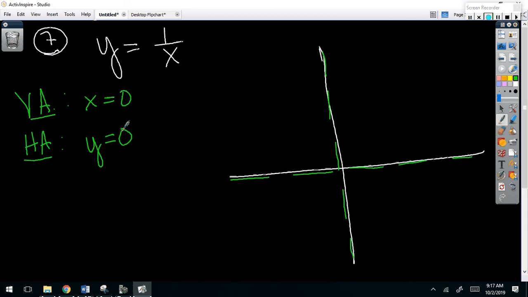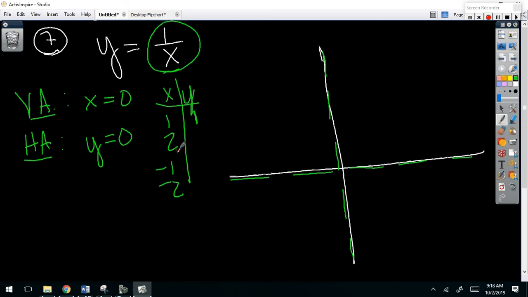If I plug in a couple points on either side of the asymptote, we'll go 1, 2, we'll go -1, -2. 1 over 1 is 1, 1 over 2 is 1/2, -1 and -1/2.